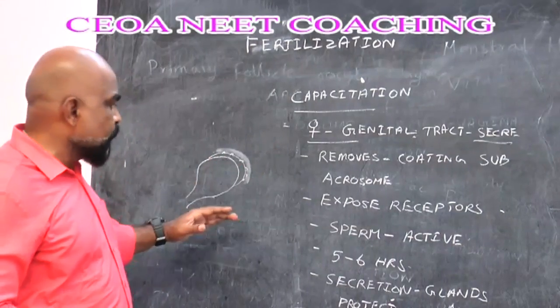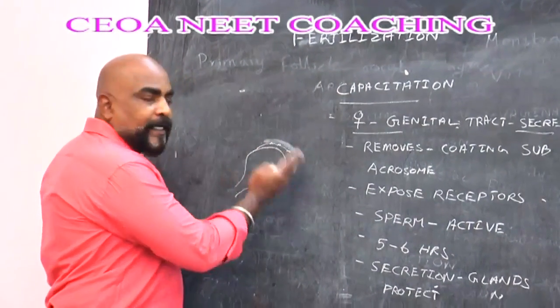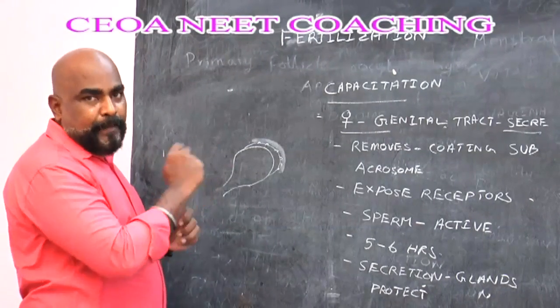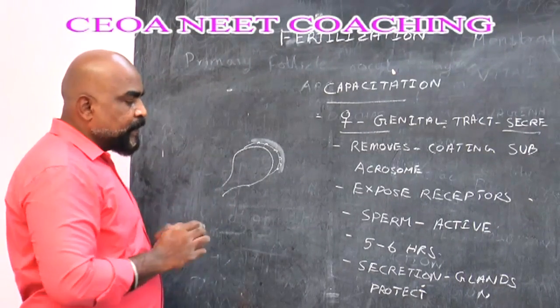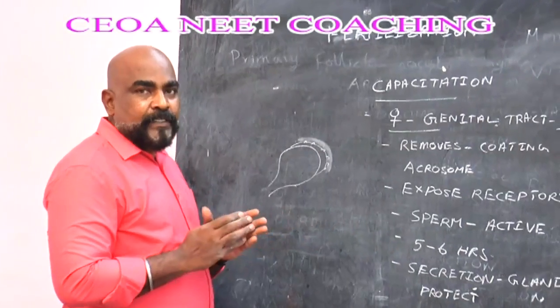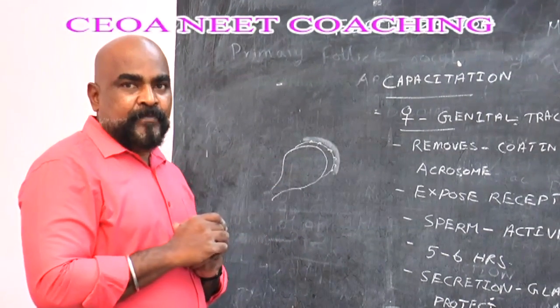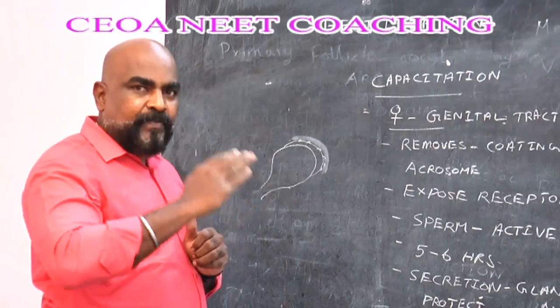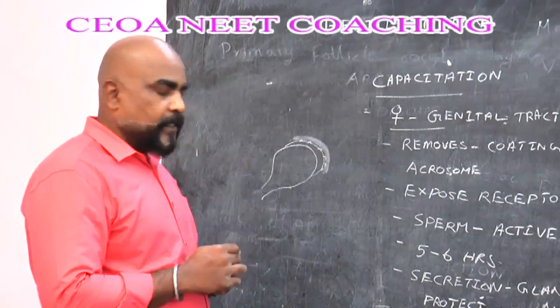This process of removal of the deposits on the surface of the acrosome is called capacitation. And this happens 5 to 6 hours after insemination. After the semen is deposited, after 5 to 6 hours the capacitation starts.